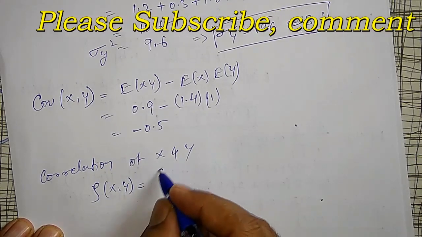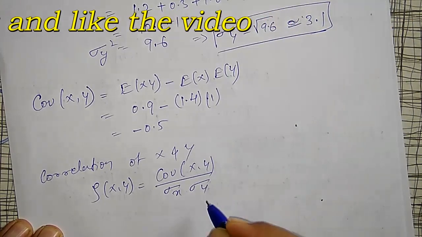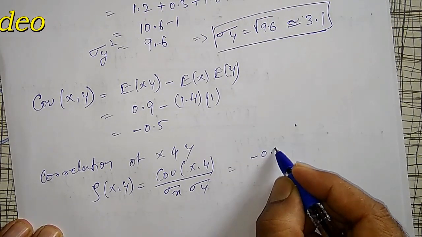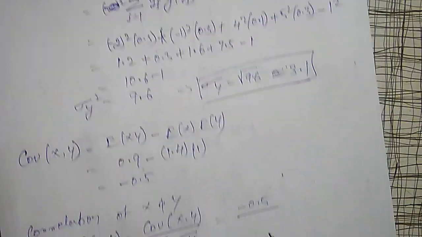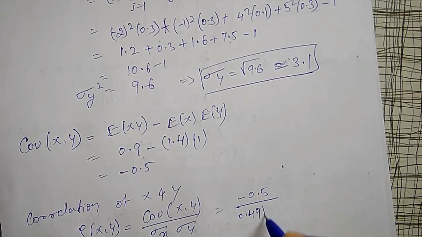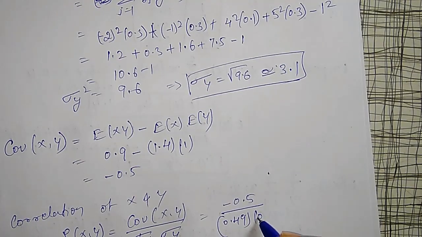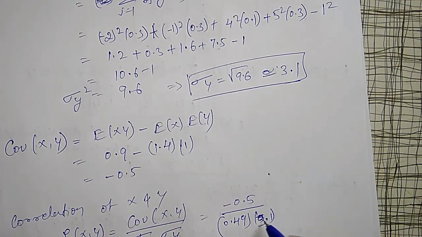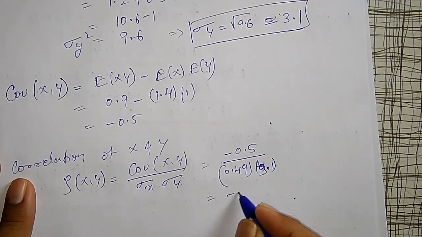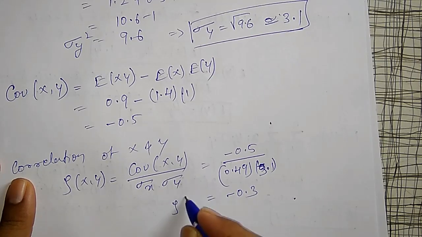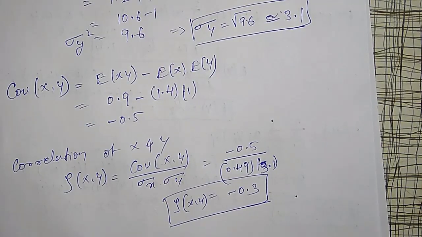Correlation of x and y is given by covariance of xy divided by sigma x into sigma y, that is minus 0.5 divided by sigma x 0.49 into sigma y 3.1. Using calculator I can evaluate this. It comes out to be minus 0.3. This is the correlation between x and y. This type of problems, again next again I am going to solve here.